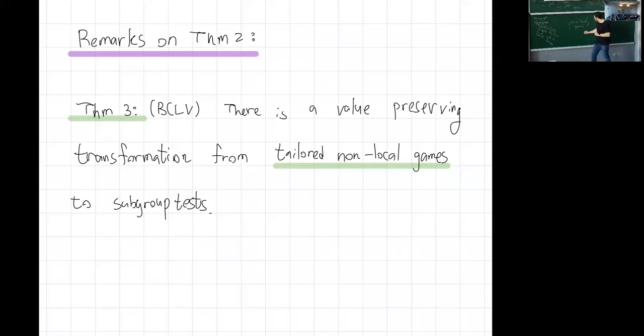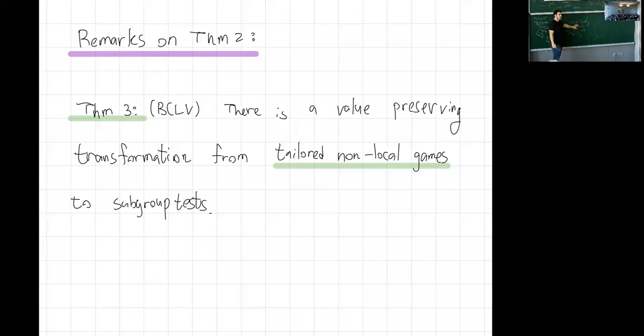There is a function called the quantum value, val star usually, of a non-local game. You get a number between 0 and 1. And this decision problem, by Ji, Natarajan, Vidick, Wright, Yuan in 2019, they showed that the associated decision problem is undecidable.